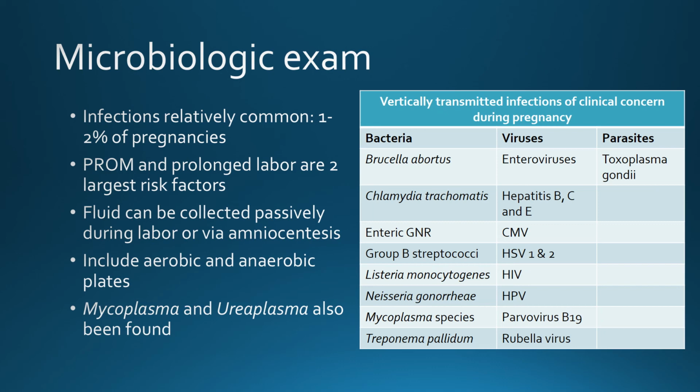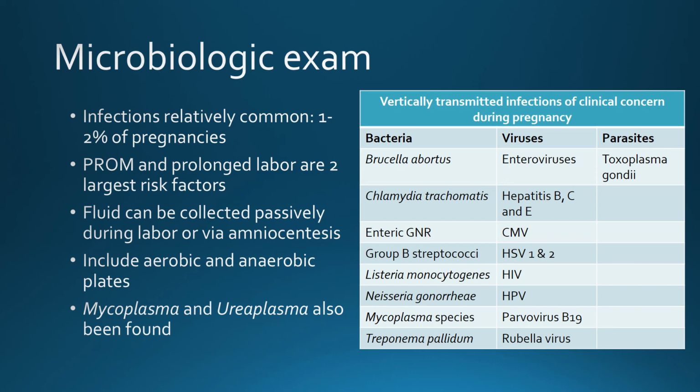Those are the ones that we can grow in the laboratory. Neisseria gonorrhoeae we can grow, but we usually do the identification through nucleic acid testing, and we can do that at the same time we do Chlamydia trachomatis. So those ones are usually done with nucleic acids.